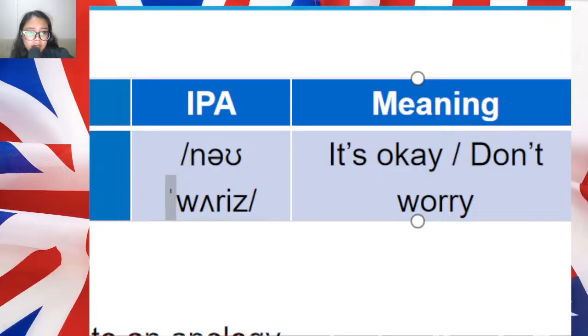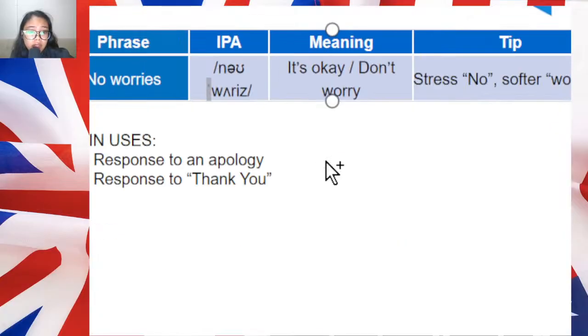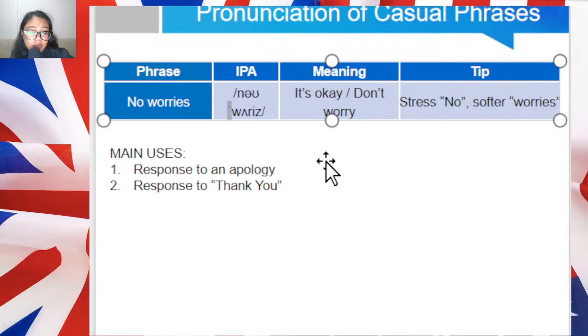However, in common usage, the emphasis is often put on the first word, no, which is a better way to think about the rhythm, which is to have a strong first word followed by a softer, faster second word.